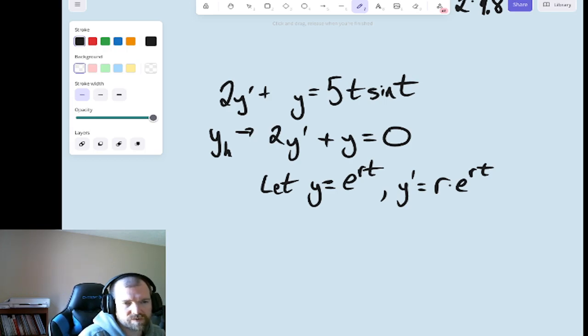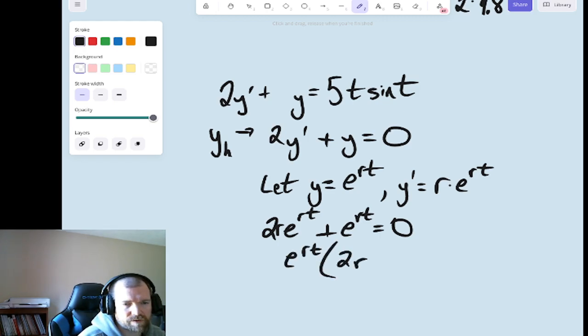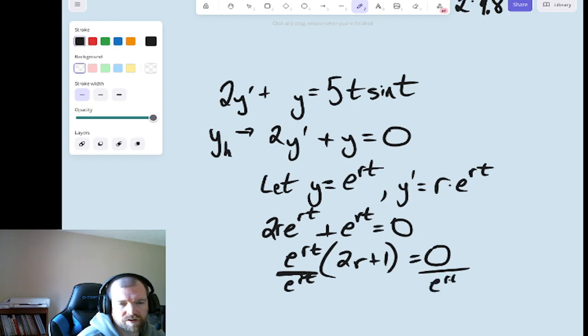So if we do this, the homogeneous solution looks like e to the rt, and then we get 2r e to the rt plus e to the rt is equal to 0. E to the rt can factor out, which leaves us with 2r plus 1. And e to the rt can't be 0 itself, so the whole thing can be divided by e to the rt, since this is never 0.